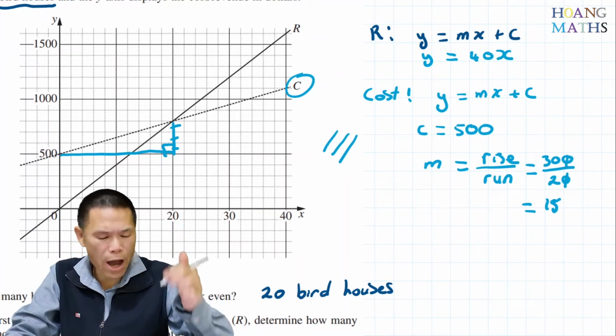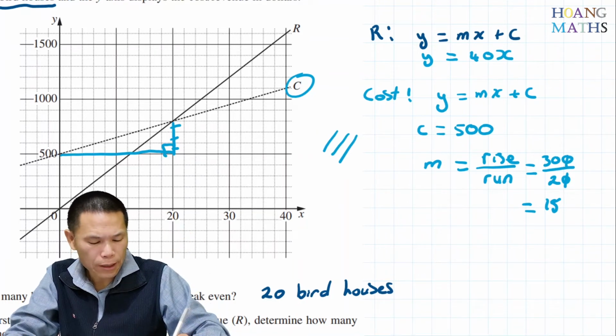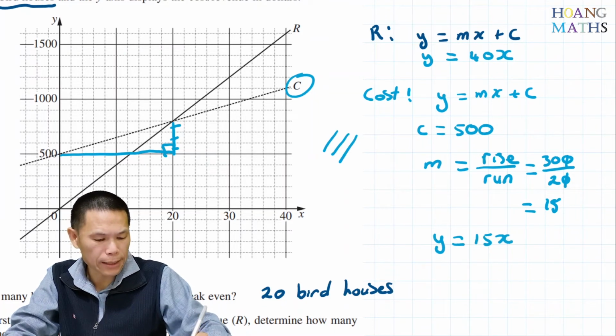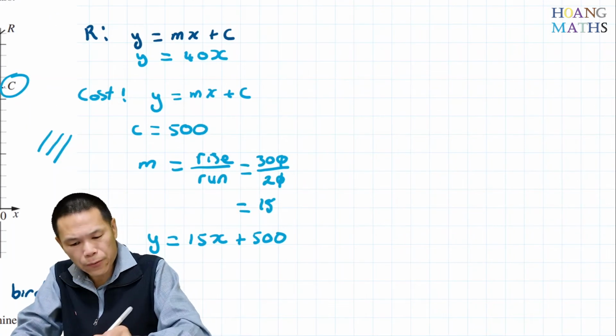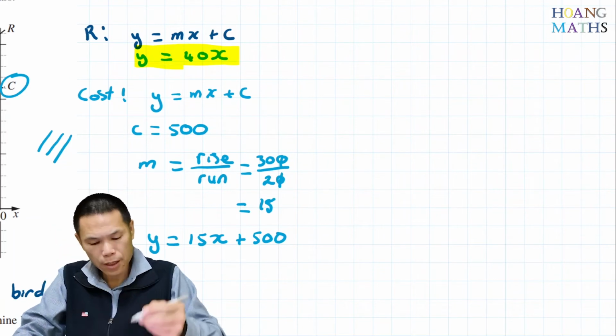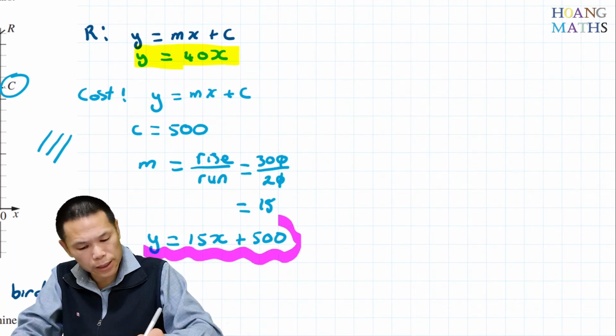So now y equals mx plus c. M is 15, so 15x plus c, and c is 500. So the revenue is 40x and the cost is this.